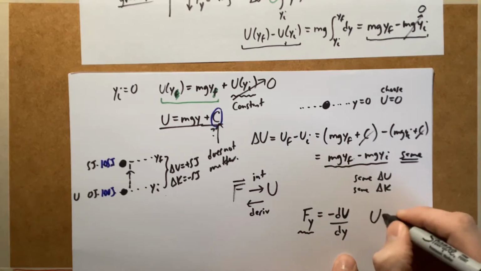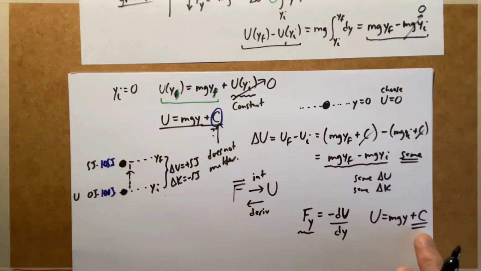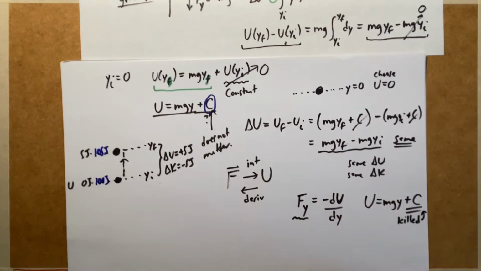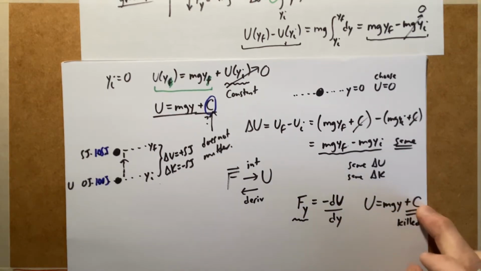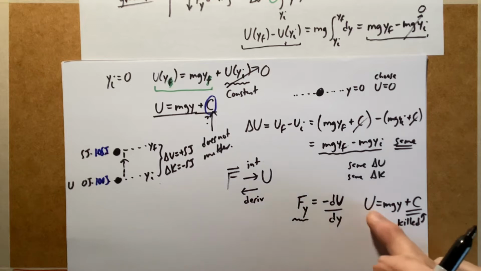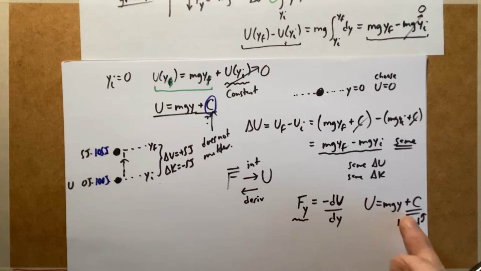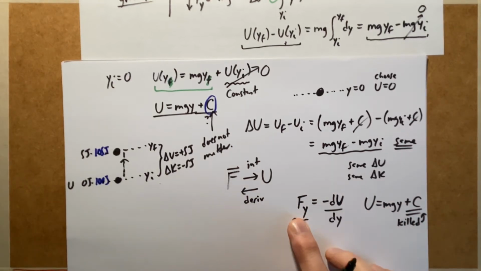Now, if the potential energy function is mgy plus C, who cares what constant it has? If you take the derivative, the constant gets killed anyway, regardless of its value. So no matter what the value of C is, it will produce the same force, and that's a real-world measurable thing. Potential energy is a bit funny because you can add any constant to your formula that you want. It makes no practical difference to what the force will be.